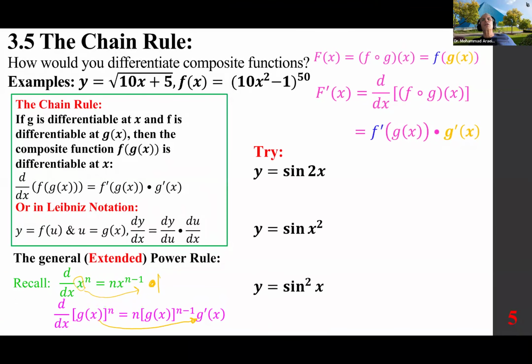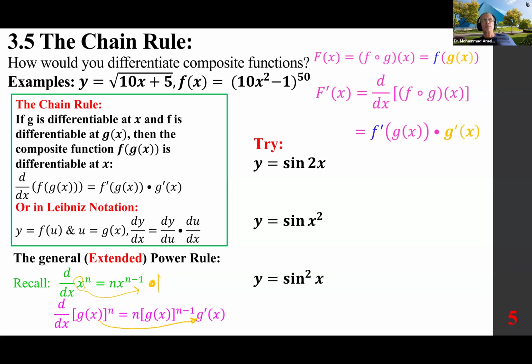Now, one function that I believe makes it reasonably easy to understand the concept of a composite function would be a trigonometric function, a sinusoidal function. For example, y equals sine 2x. It's important to understand the main function is the sine function.